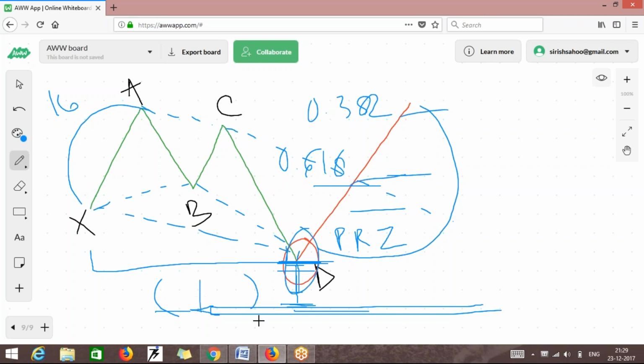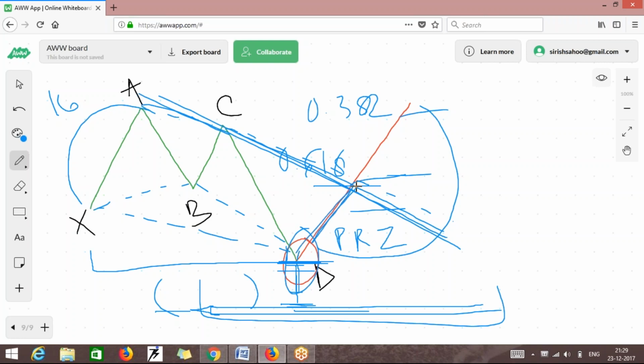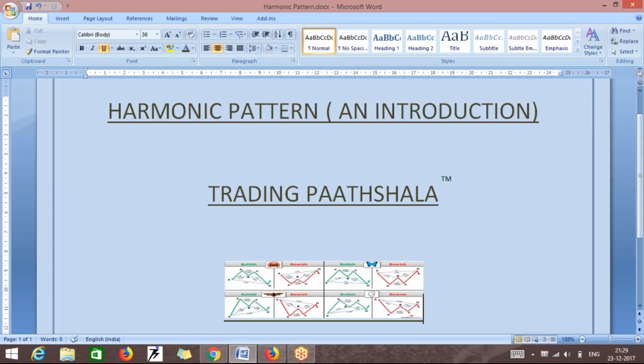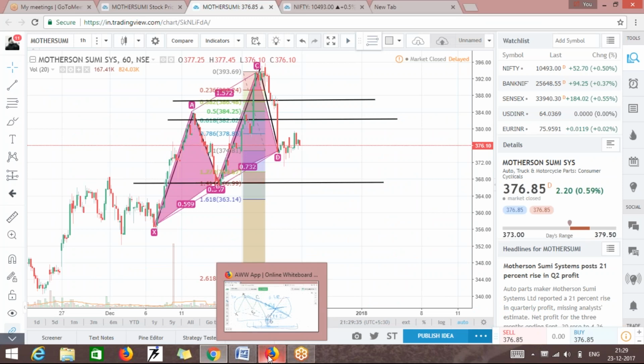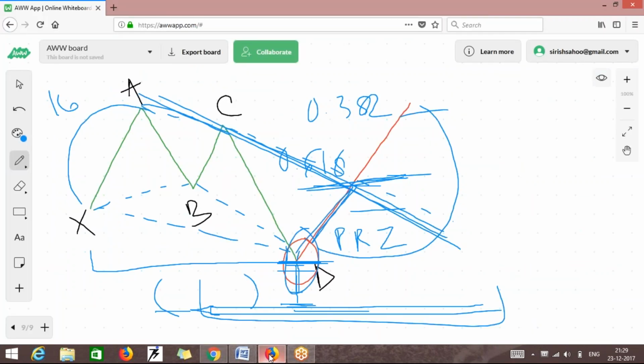This is the SL, and this trend line could suggest that the first target should reach at this level. So this could be approximately at the level of 0.618. Here also we saw that this was approximately at the level of 0.618, just a few points above. So this is how exactly it is being seen.